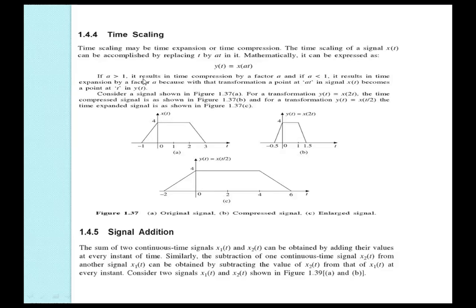If a is greater than 1, it results in time compression, by a factor of a. If a is less than 1, it results in time expansion. A is less than 1, such as 1 by 2, 1 by 4.